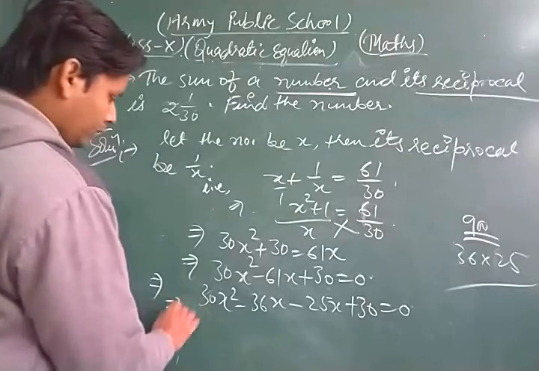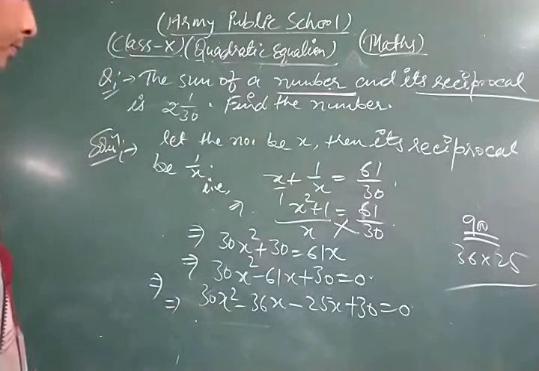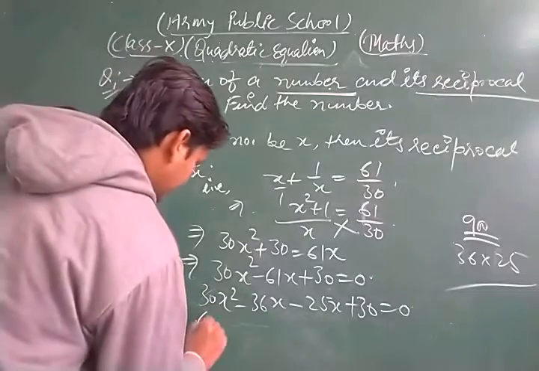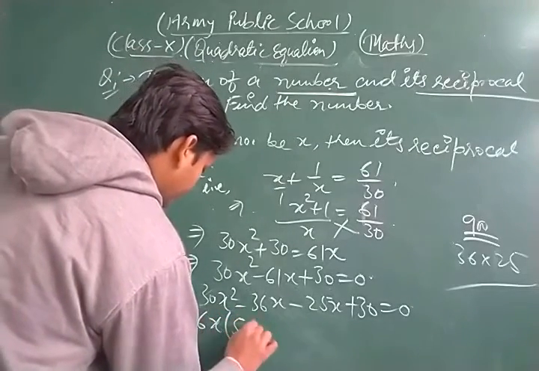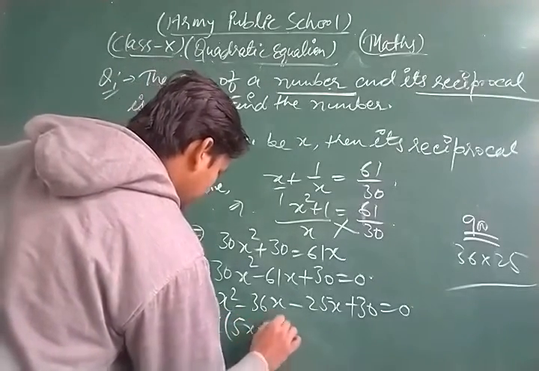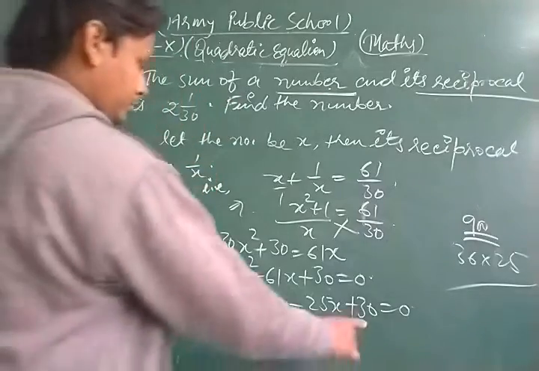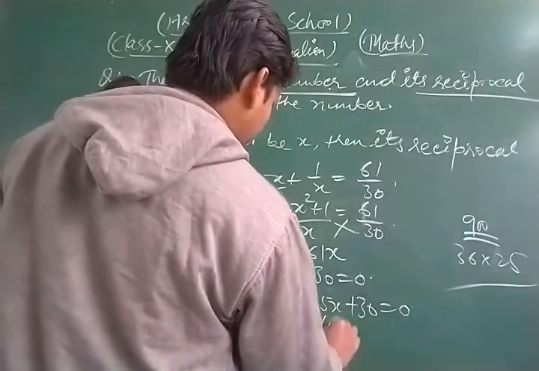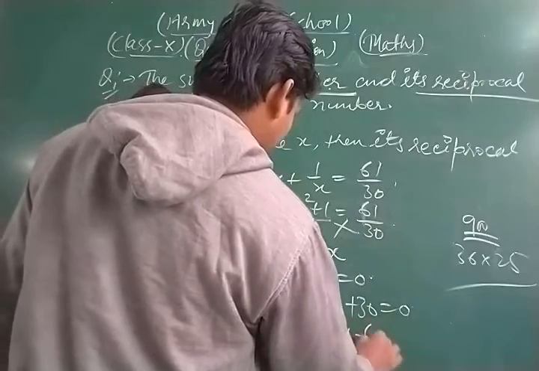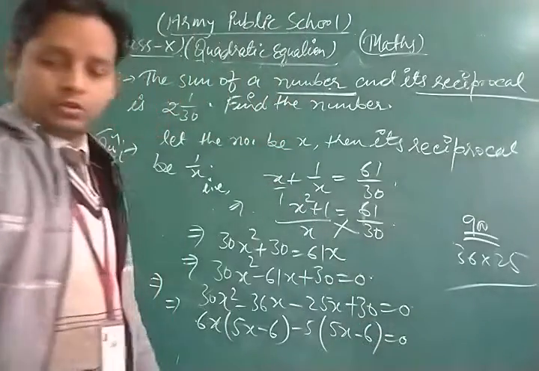Okay, now from these two terms we take 6x as common, so 5x minus 6 is there. Now from the other two we take minus 5 as common, this is 5x minus 6 is equal to 0.